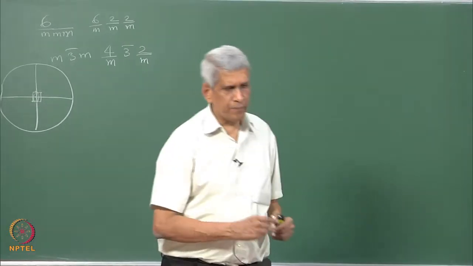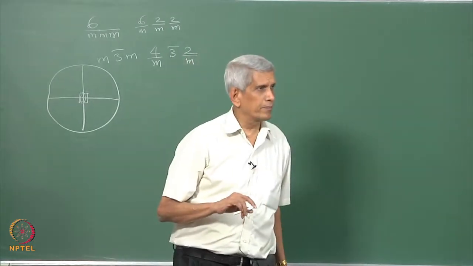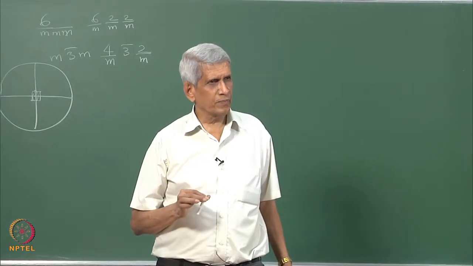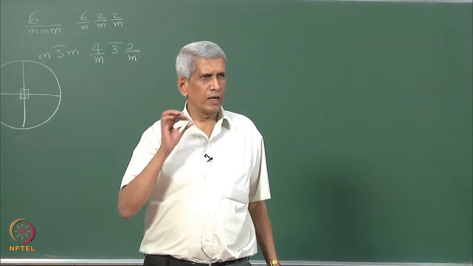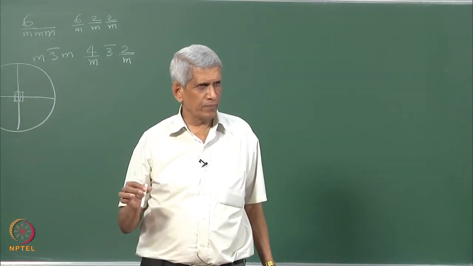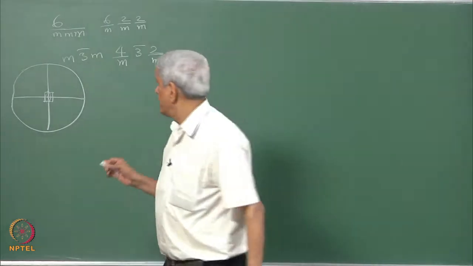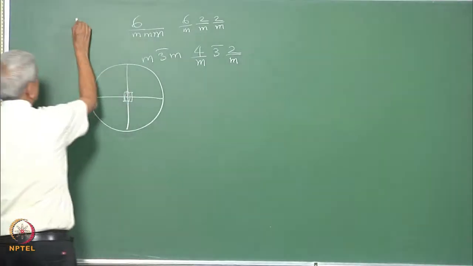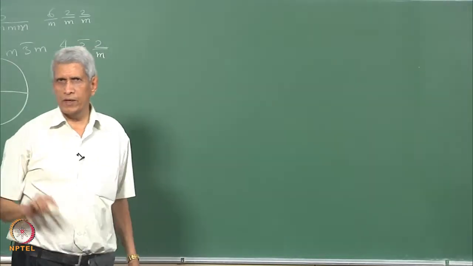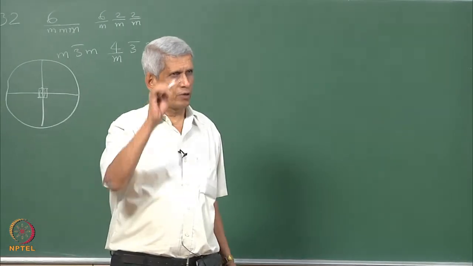If you notice, trigonal has a threefold rotation axis, correct, and cubic also has a threefold rotation axis. How they are differentiated is this: if the first letter is 3, as in 3 2, that represents a trigonal.